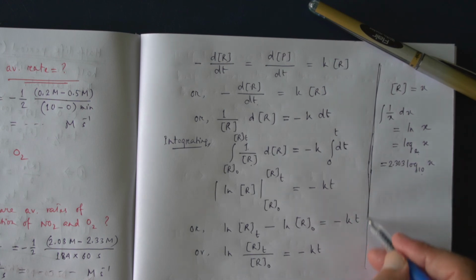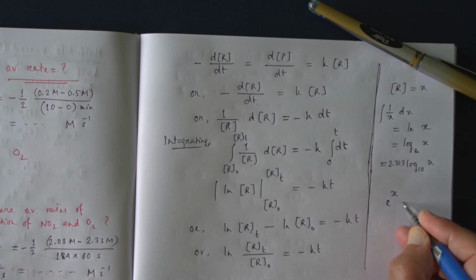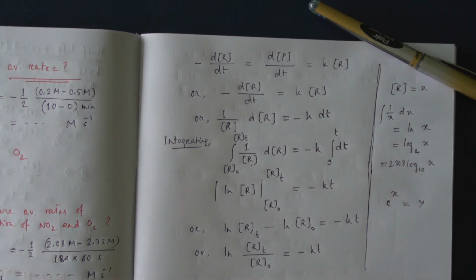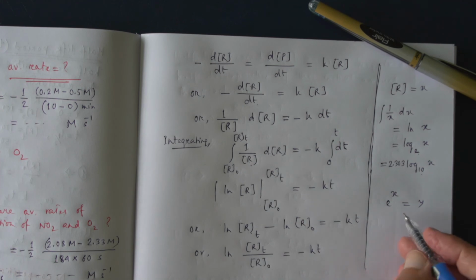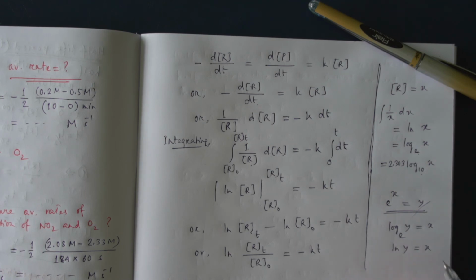Now you see, suppose we have e to the power x equal to y. If we write it in log form, how do we write it? Log y to the base e equal to x, and log to the base e means ln, so ln y equal to x. That means if we have this, we can write like this.